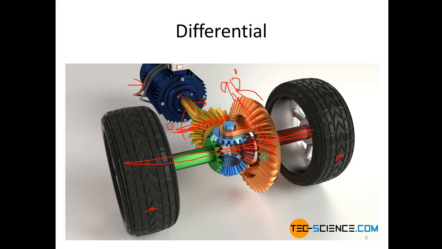What happens here is, when this brown gear starts to rotate, this blue gear rotates on itself this way, and it also rotates with the brown gear. So this blue gear has two rotational motions, one with the brown gear and one with the wheels. So this is the differential system.